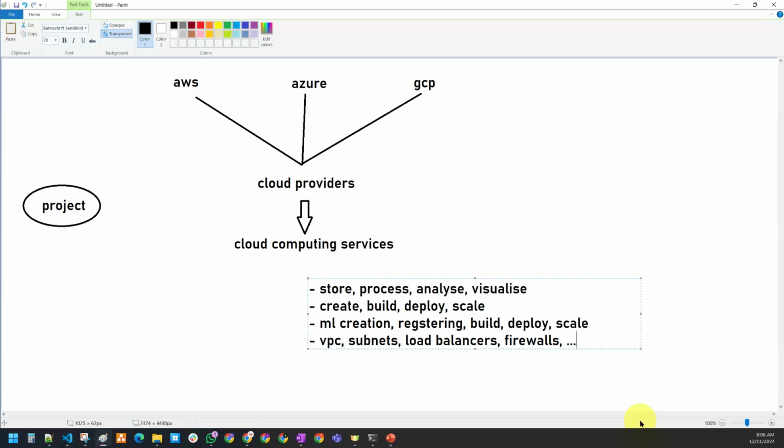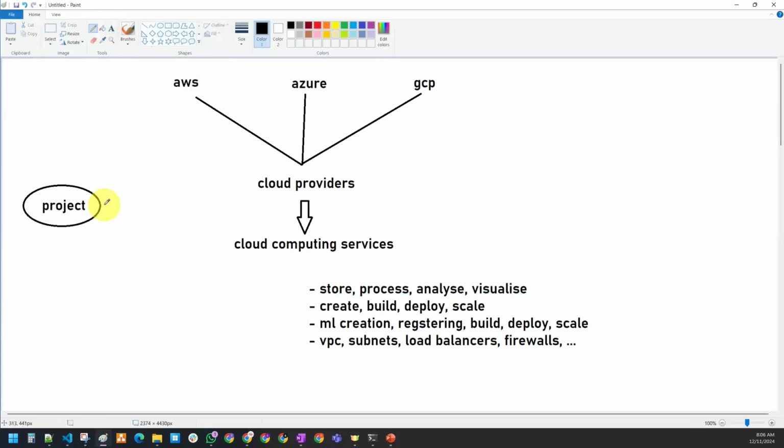For every project, if it is a data project, you need to store, process, analyze, or visualize the data. Or if the project is about building, creating, deploying, or scaling an application, or ML model creation and deployment, or VPC, subnet, load balancer, and firewalls, every project has its own requirements.